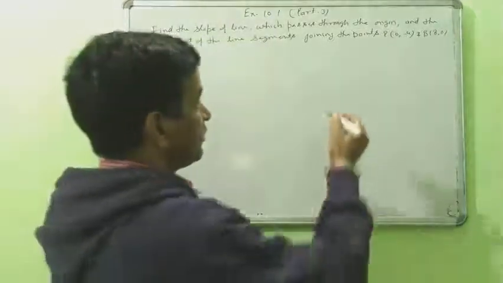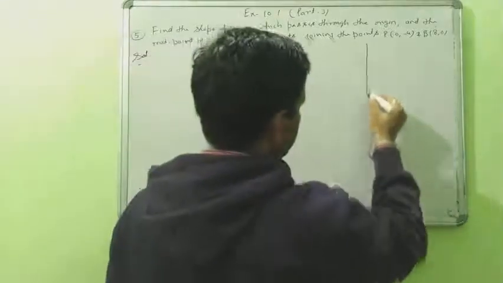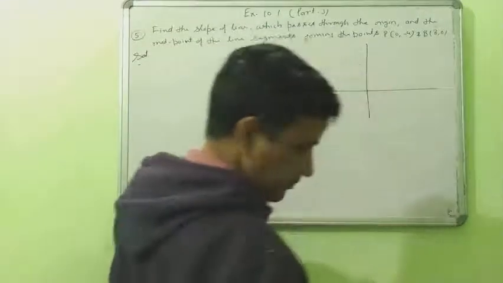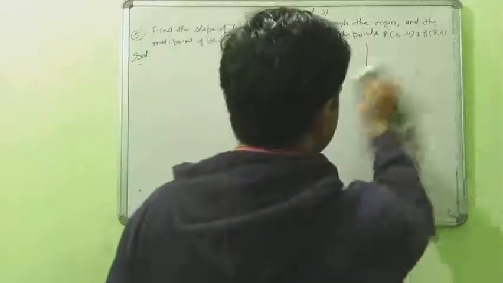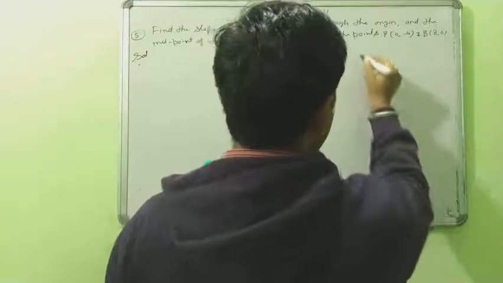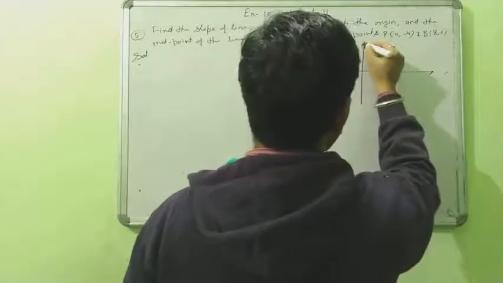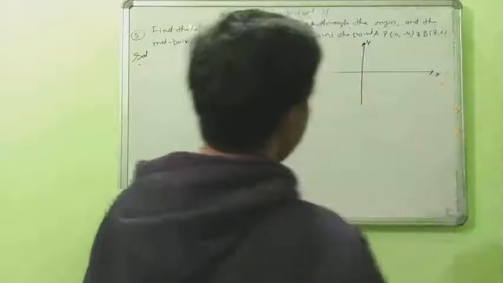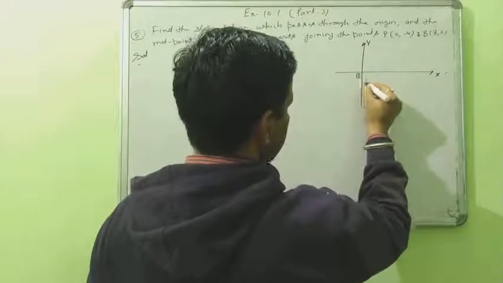Now first draw these lines. This is the x-axis, this is the y-axis. First plot the point (0, -4). This is the origin.